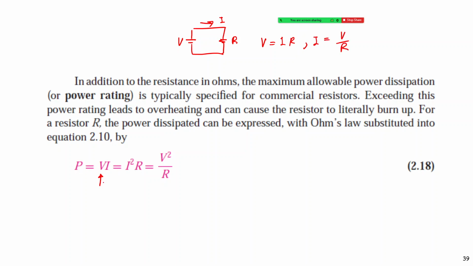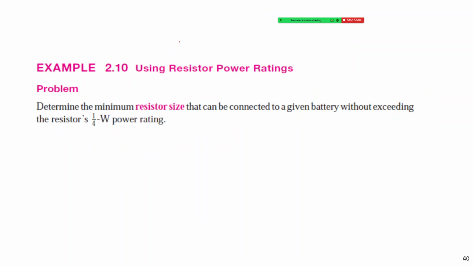We can substitute V by I times R, so you get I squared R, right? Or you can substitute I by V divided by R, you get this value, right? So the power dissipated in the resistance can be computed by V squared divided by R when you apply a constant voltage to the resistance. Okay.